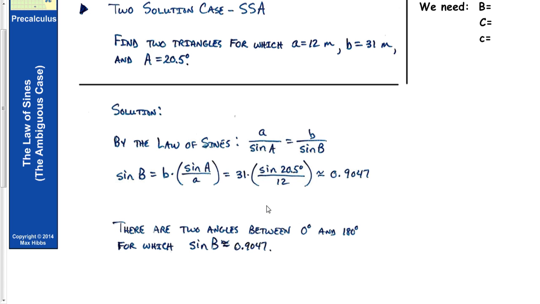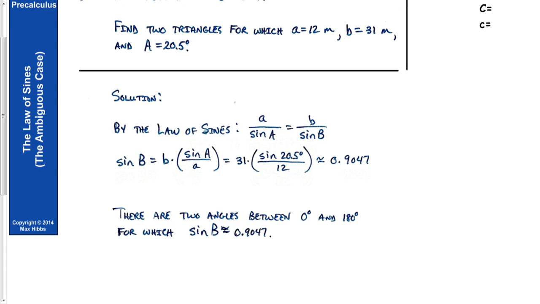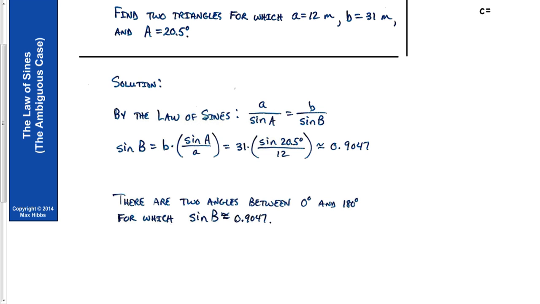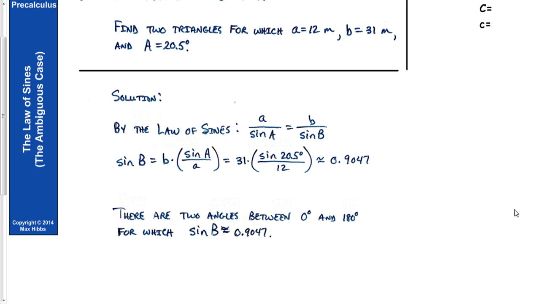Here's the situation: there are actually two angles. All we know is that our angle B is bigger than 20.5 degrees. So it could be anywhere between 21 degrees and 180 degrees. And in fact, there are two angles between 0 and 180 degrees whose sine is 0.9047.